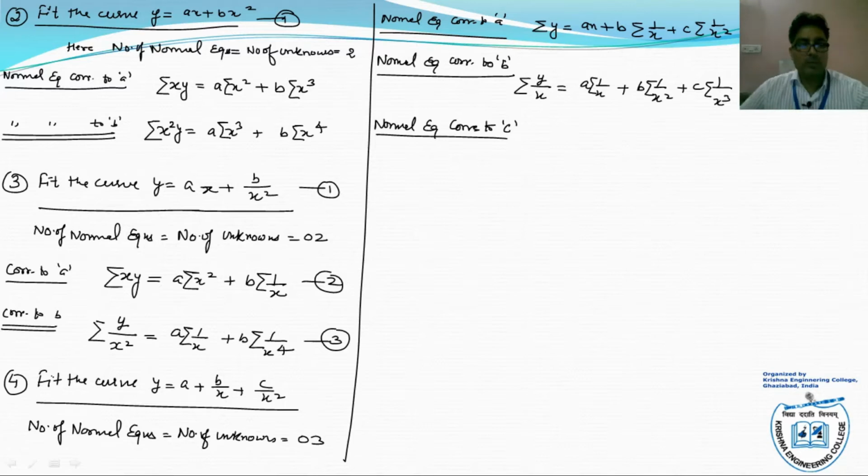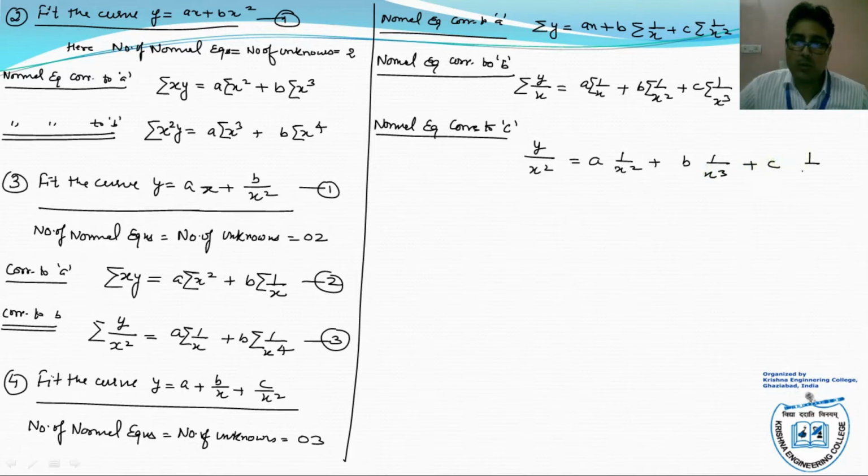The coefficient of c is 1 upon x square, so multiplying the whole equation by 1 upon x square and taking the summation, the equation becomes sigma y upon x square is equal to a into sigma 1 upon x square plus b into sigma 1 upon x cube plus c into sigma 1 upon x to the power 4. Take the constant outside from the summation. So these are the normal equations.